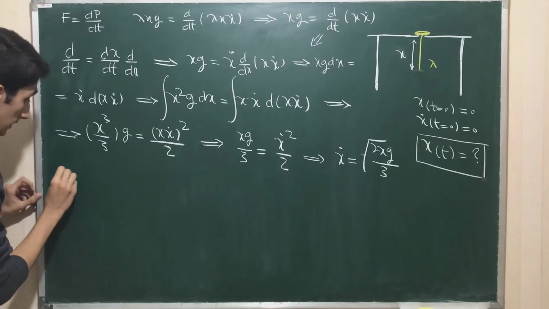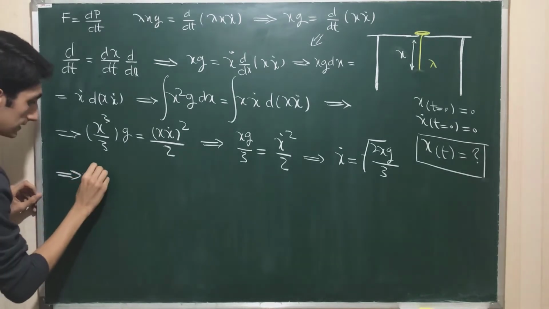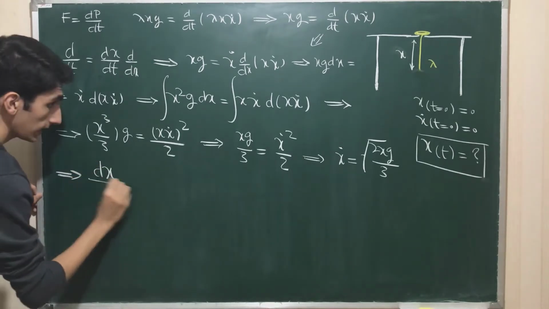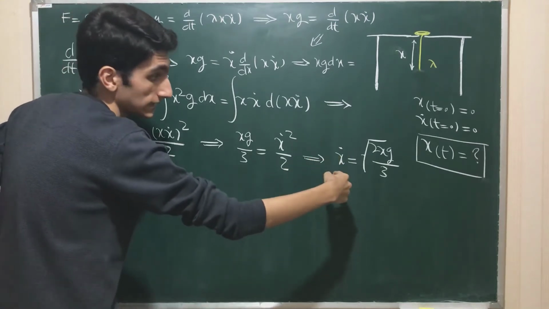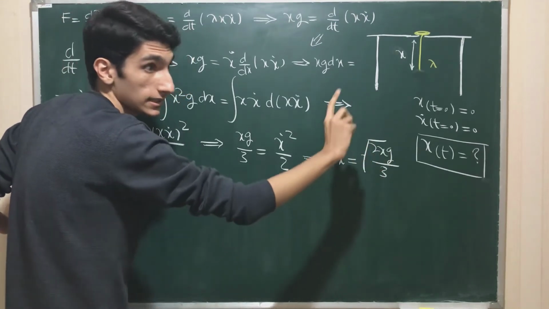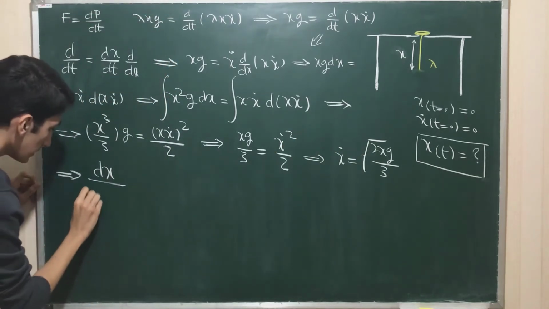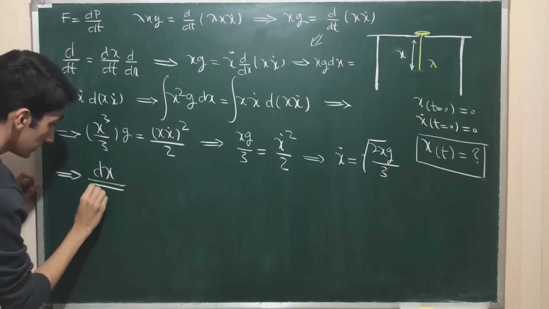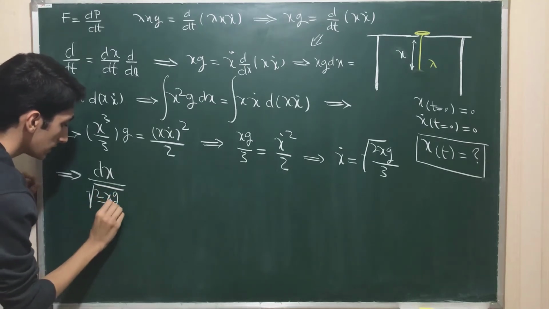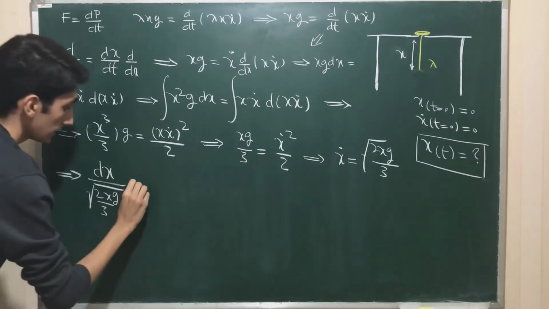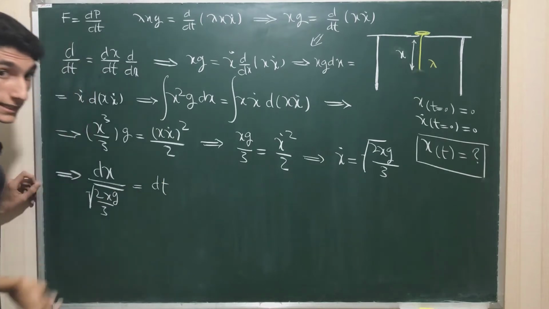And from that, I can write x dot as dx over dt and then swap the places of dx and dt, and this square root here, over 2 times x times g over 3 is equal to dt.